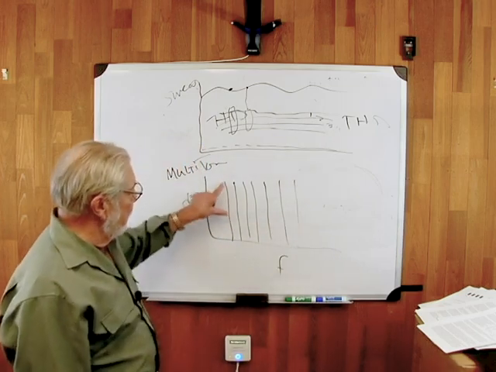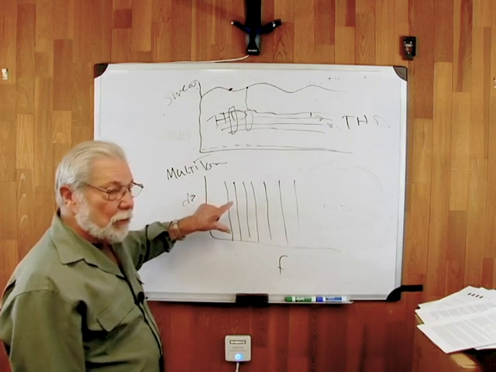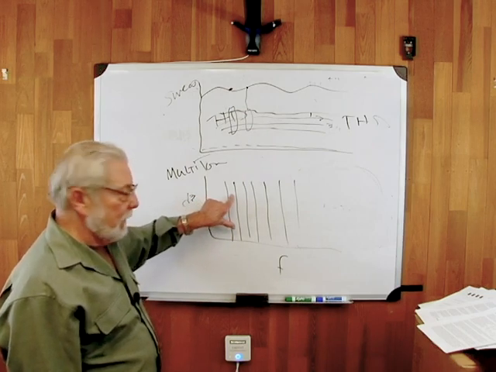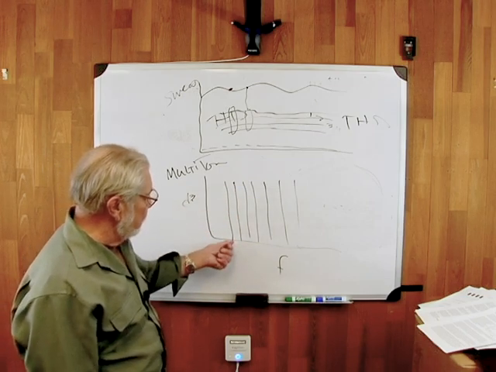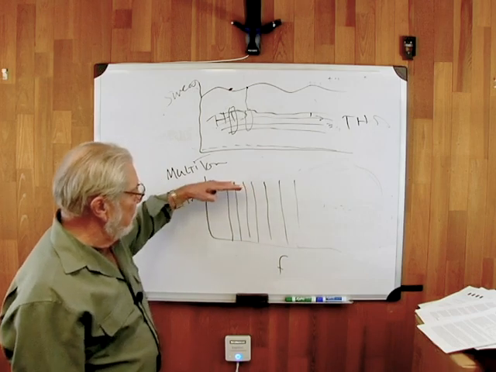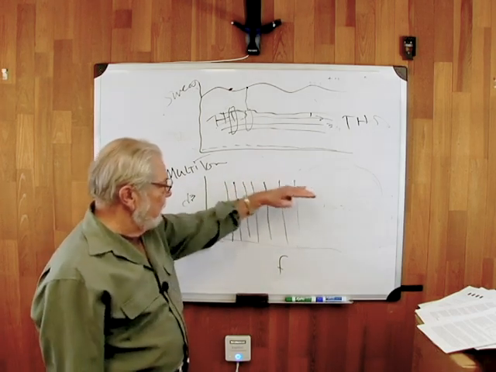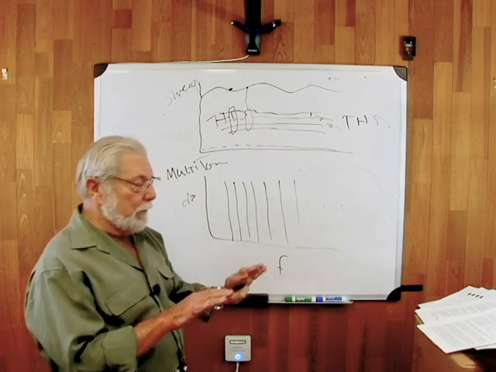Each tone is a tone burst, because it has a very short time duration, and then there's silence between this tone and this tone. Then you play this spectrum of frequencies through the equipment all at the same time.